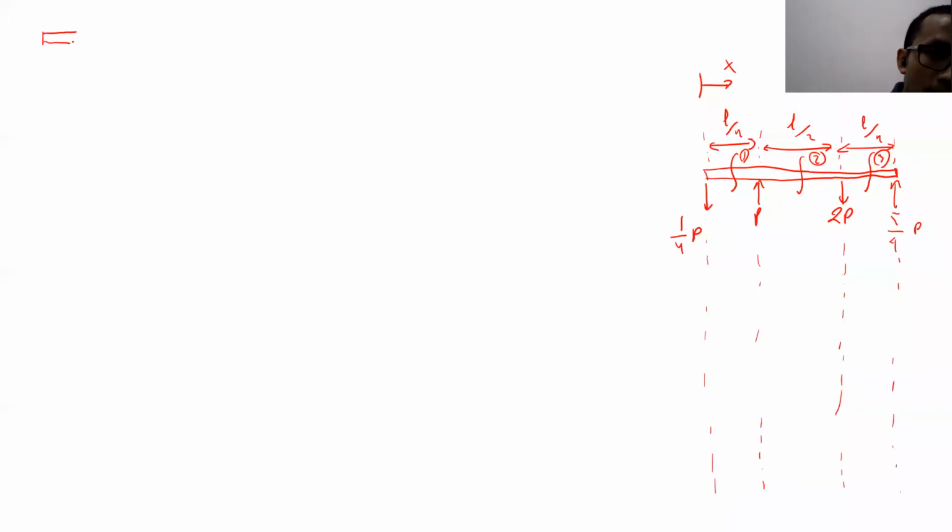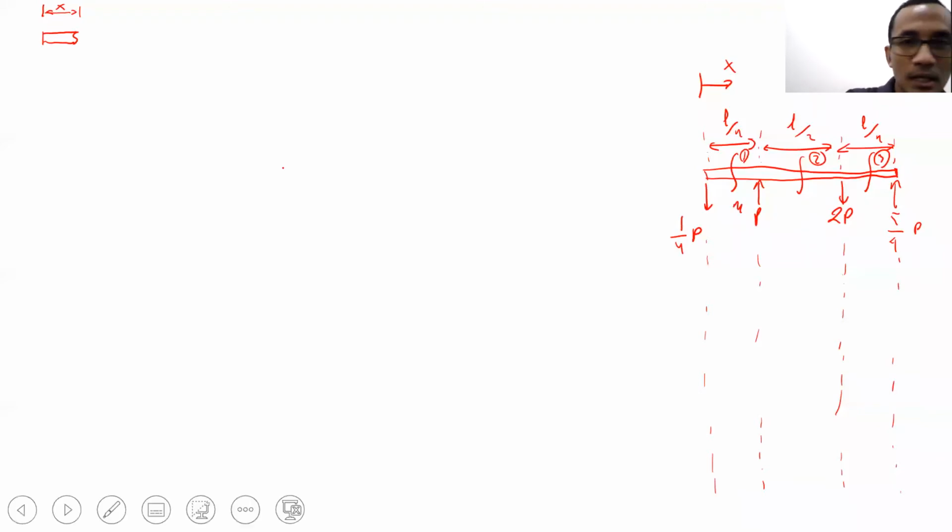this is my free body diagram. The distance here is x. Because I cut it in between, we have P over 4 and P there, in this location.